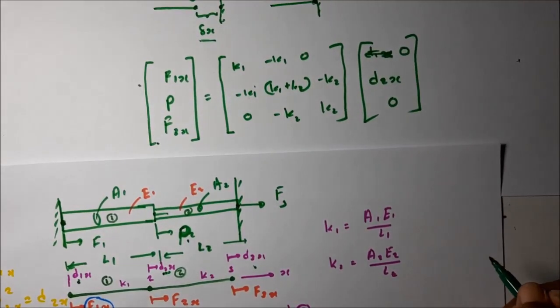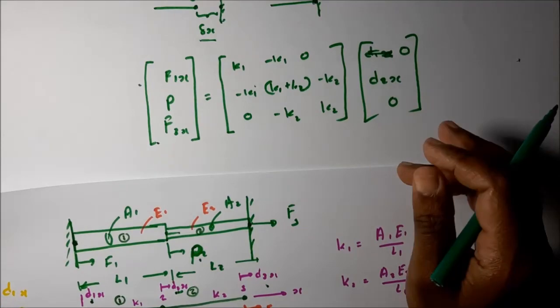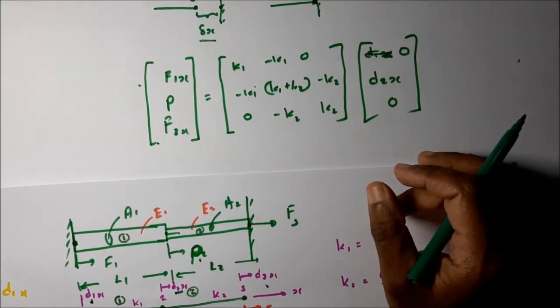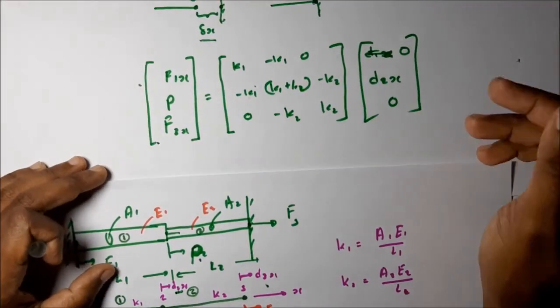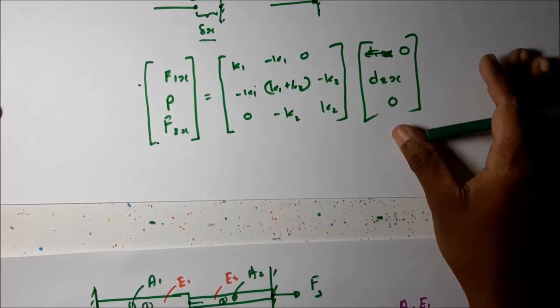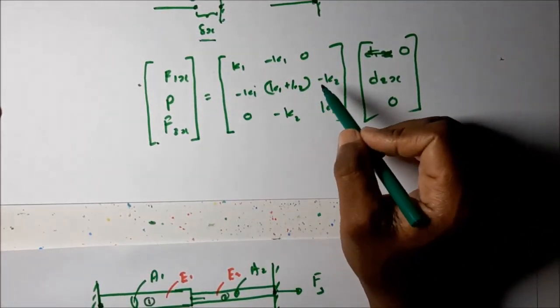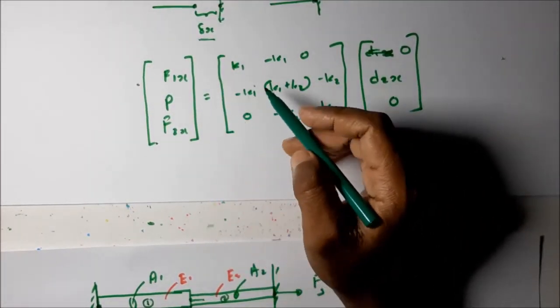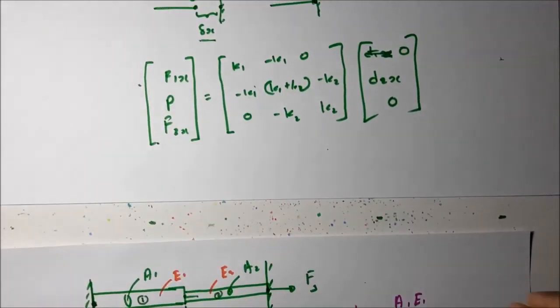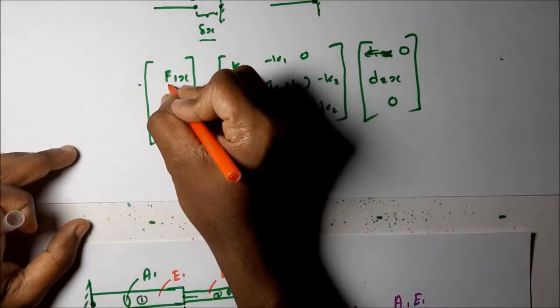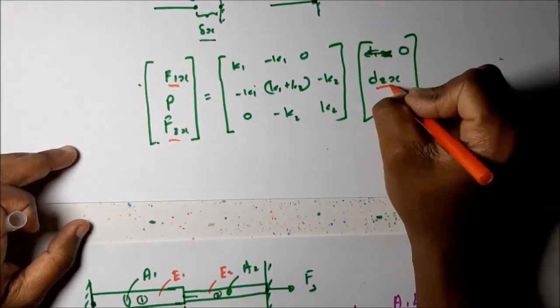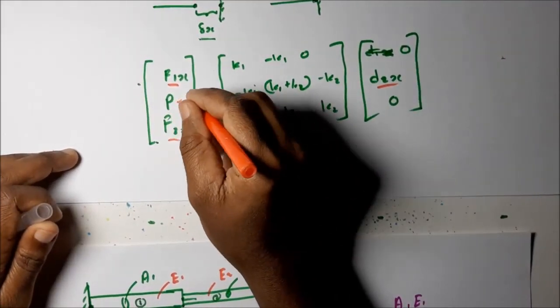After substituting the known force values and the displacement boundary conditions, we have this equation. In this equation, these are unknowns: this one, this one, and this one. This one is known.